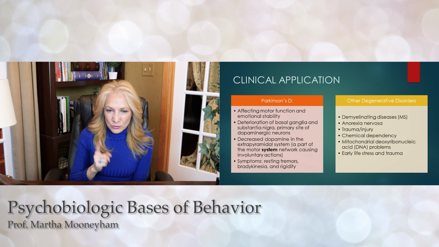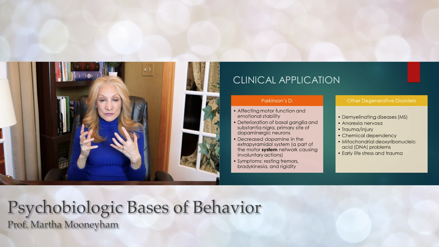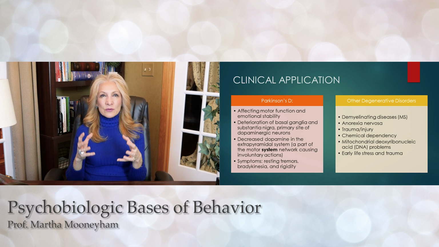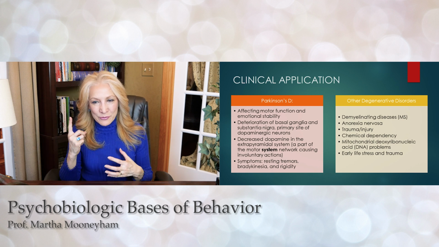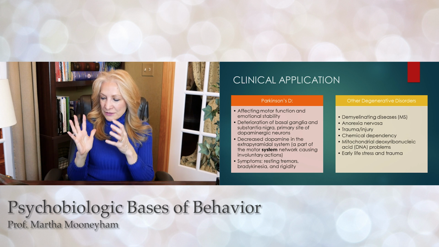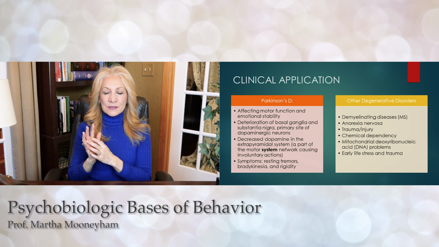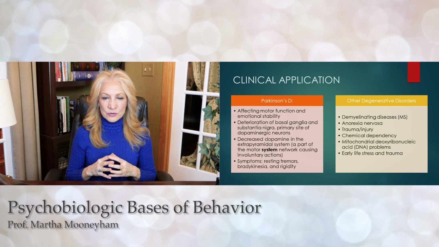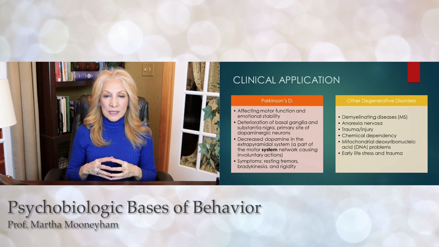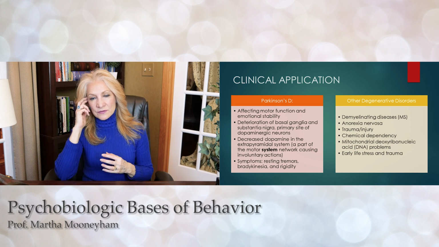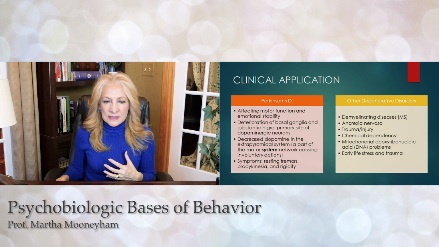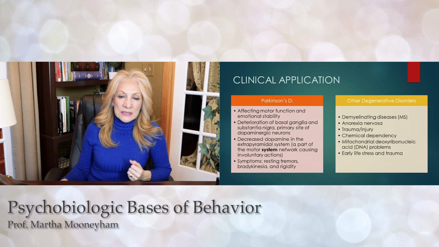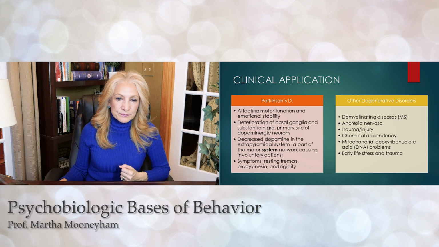The mitochondria is the energy factory where we metabolize nutrients for energy in the cell, that lives in the body of the cell of the neurons. Anyway, there are other degenerative disorders related to mitochondrial problems in the DNA, and also early life stress and trauma.